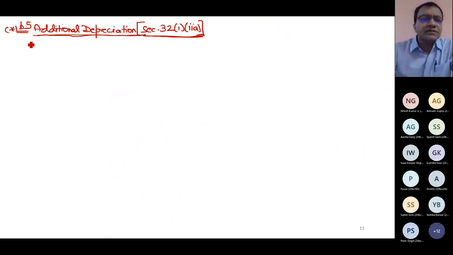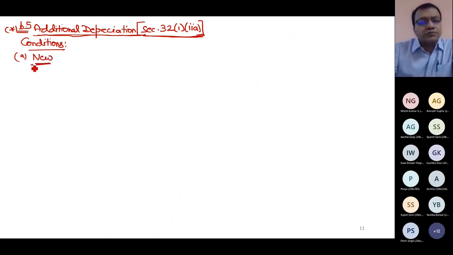This was nothing but the additional depreciation condition. When can you claim additional depreciation? First point: new machinery and plant acquired and installed on or after 1st April 2005.